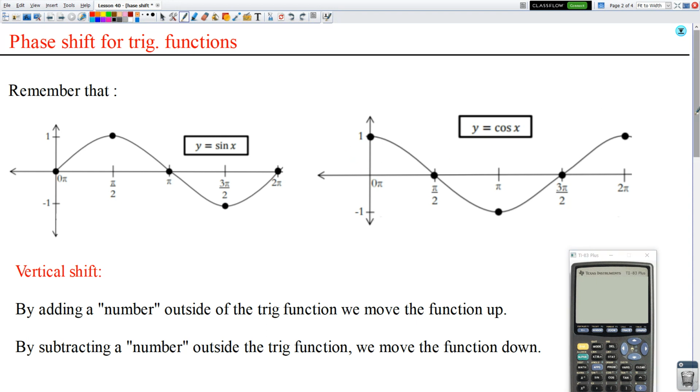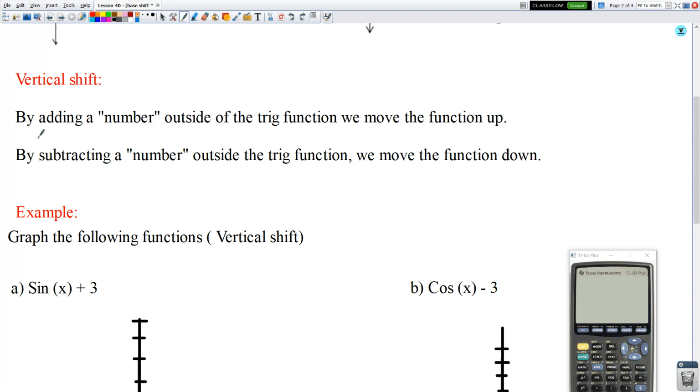So first, let's start with something that we're going to call a vertical shift. There's one way for us to move the graph up or down, because remember, vertical, it's either up or down. If we add a number outside of the trigonometric function, we're going to be moving the graph upwards.